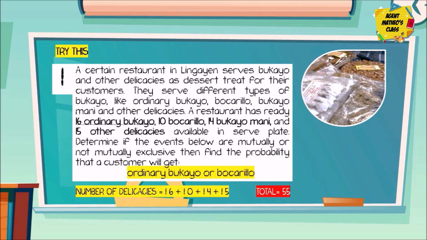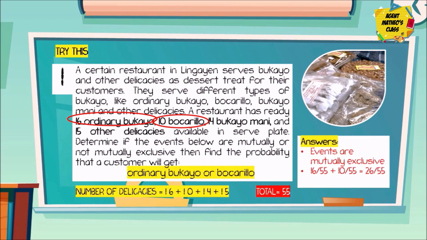We will only get the probability of an outcome for ordinary bukayo or bukarilyo. The number of ways to get ordinary bukayo is 16 and the number of ways to get bukarilyo is 10. So therefore, that will give us 16 over 55 plus 10 over 55 is equal to 26 over 55.